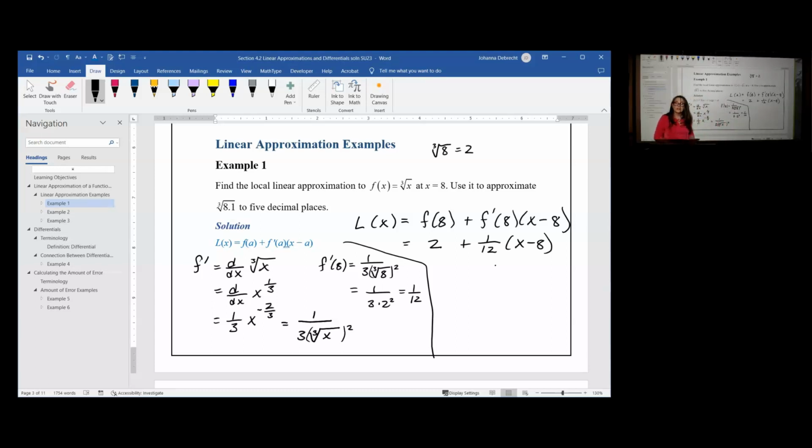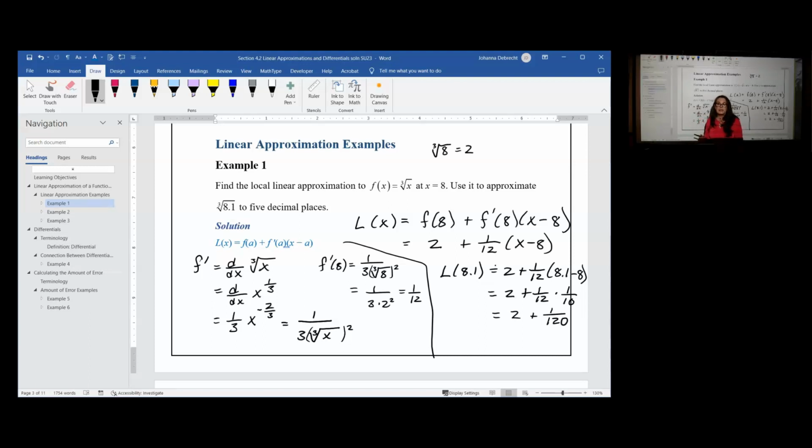I can replace this now with 1/12, and I have an equation for the linear approximation function. In other words, the tangent line at x equal 8. Now I want to use this to approximate the cube root of 8.1. So I'm going to let x be 8.1. This is going to give me 2 plus 1/12 times the difference between the two x coordinates, which is 0.1. 0.1 can be written as 1/10, which gives me 2 plus 1 over 120.